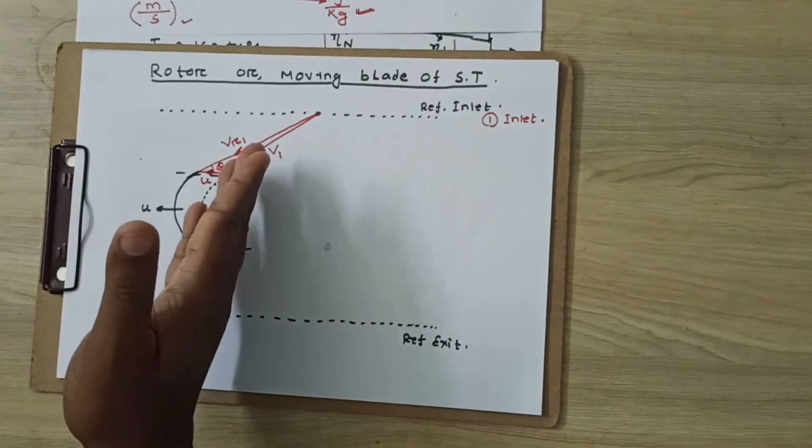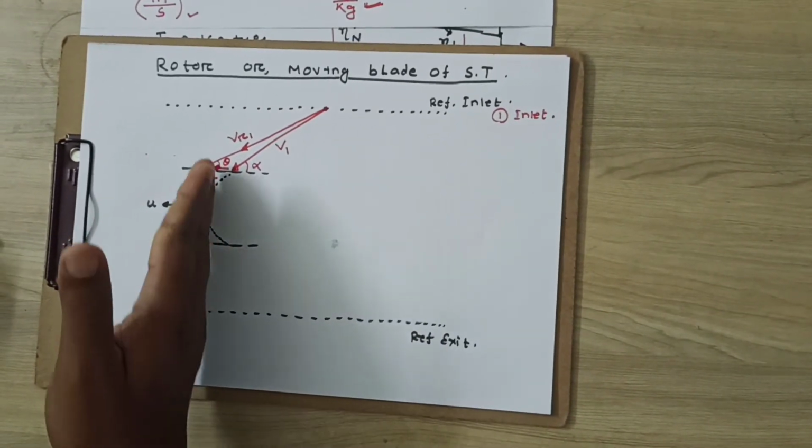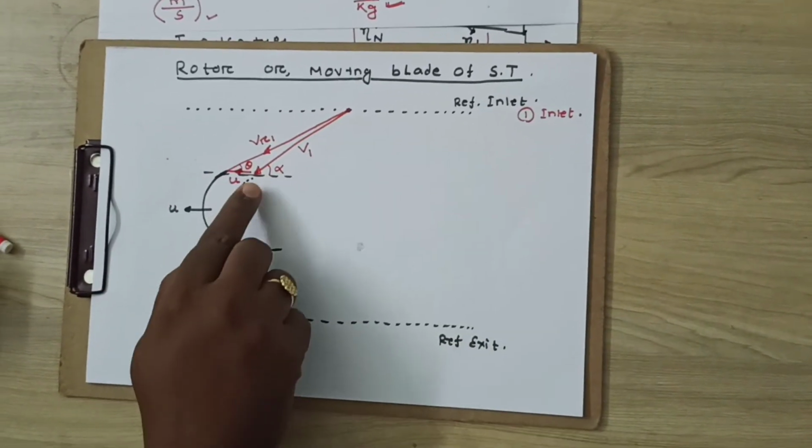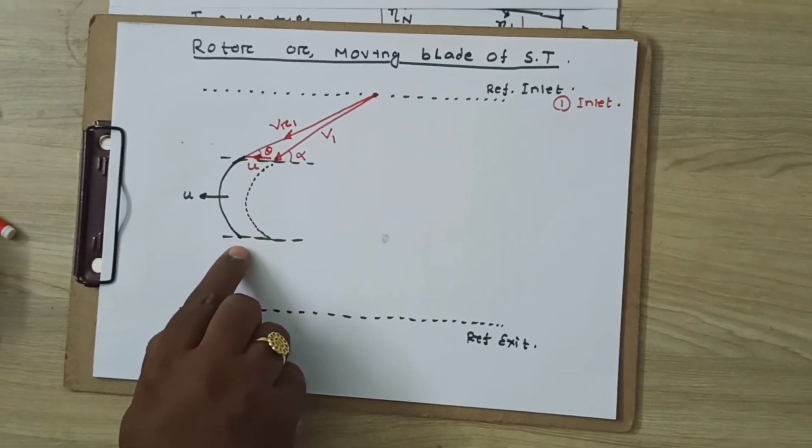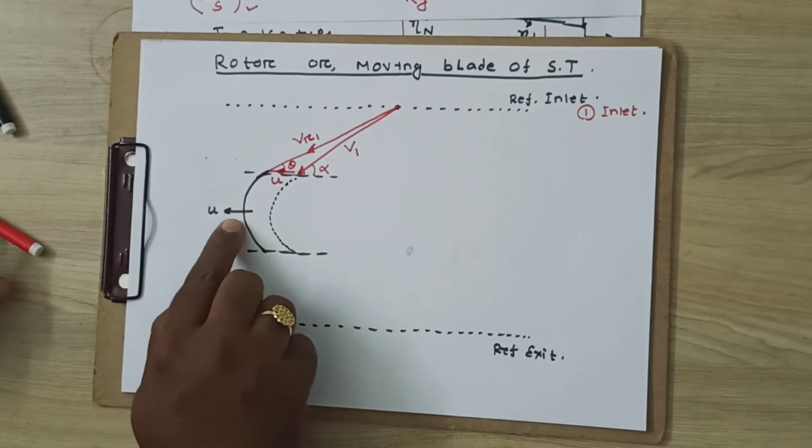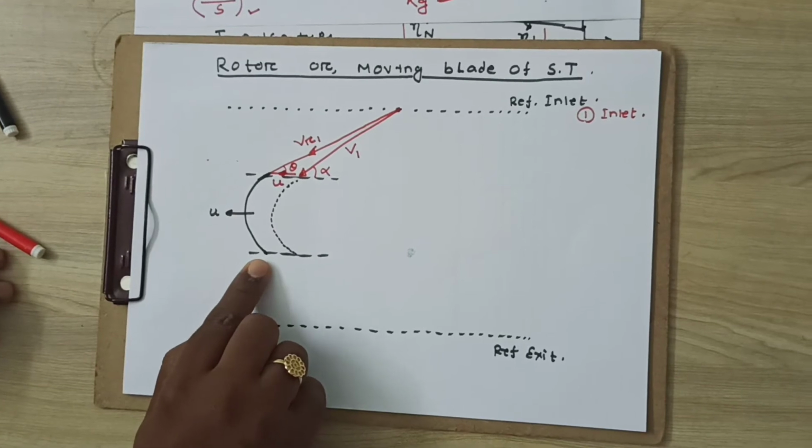Then as the steam smoothly glides over the turbine blade, I started from the dotted position, but here I go to the exit point, because during some elapsed time the blade has come to this point.